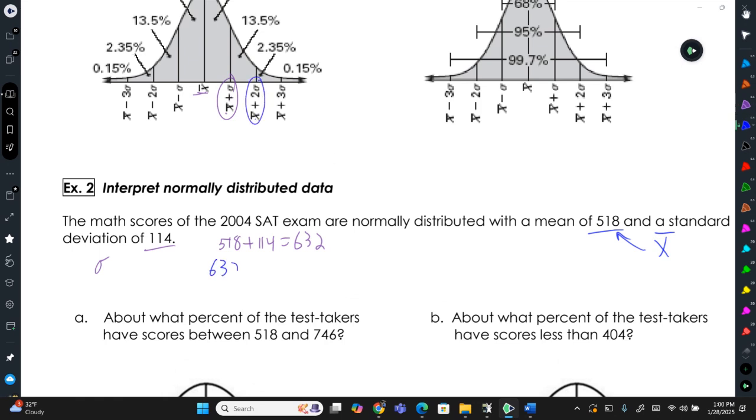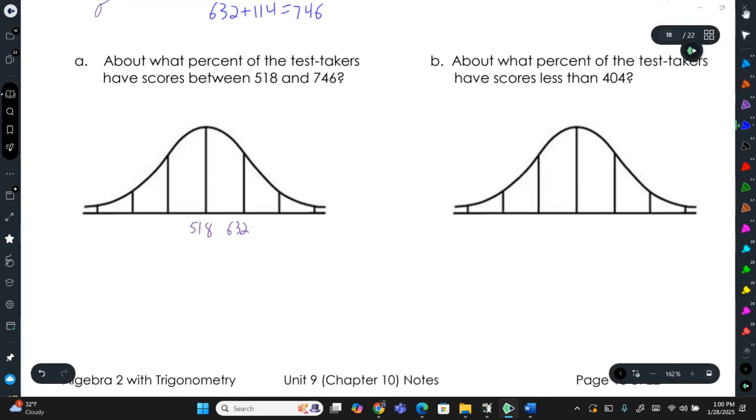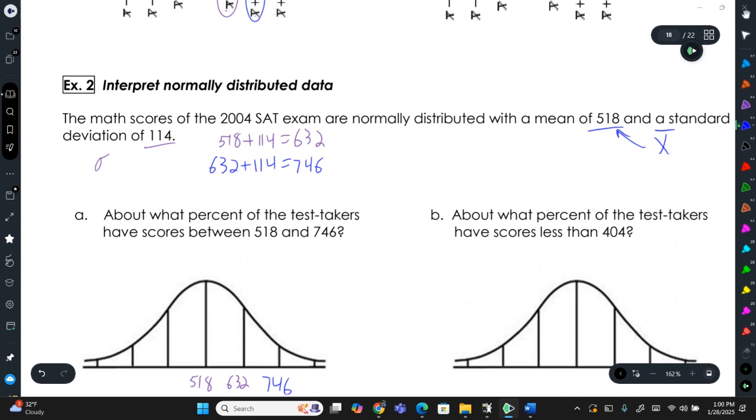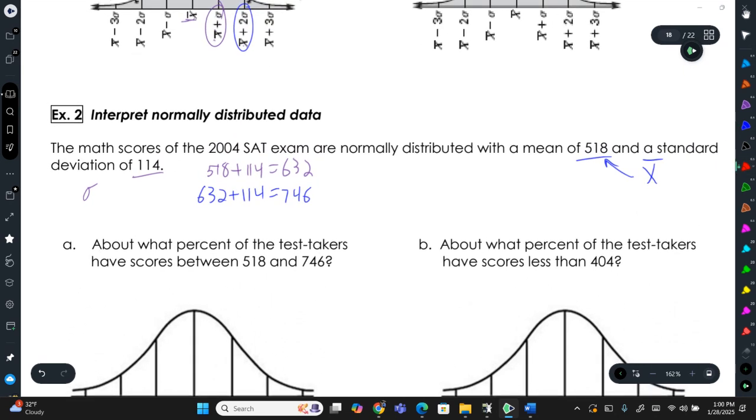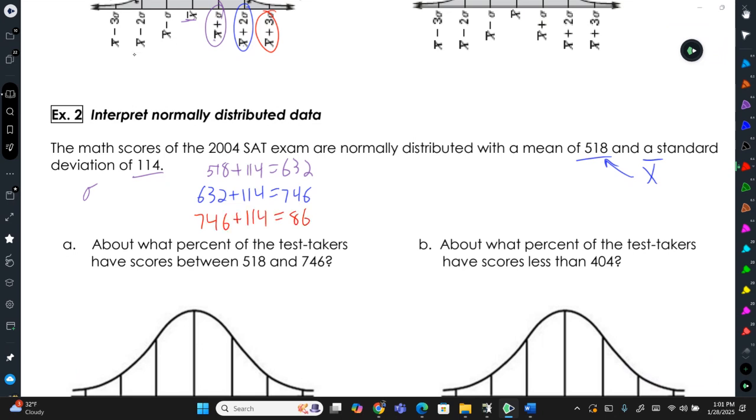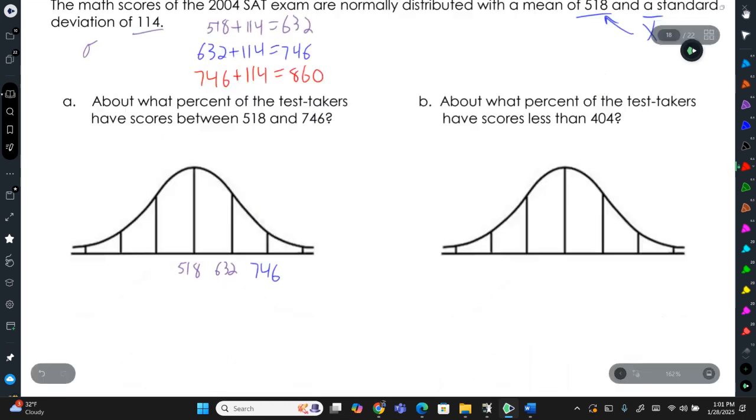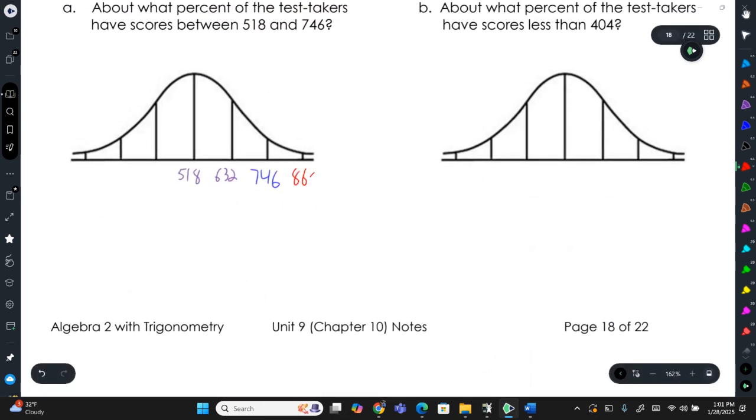So if I take that 632 and add another standard deviation, I get 746. So that means my next one is 746. Then if I add another standard deviation, I get the mean plus three standard deviations. So 746 plus another 114 equals 860. So we have 860 right here.